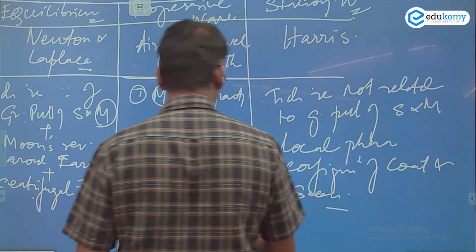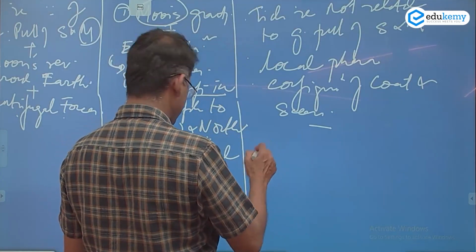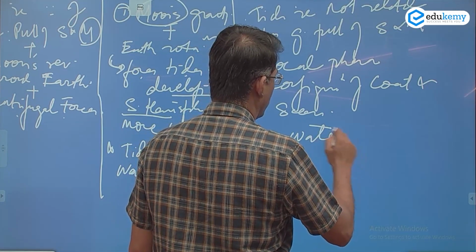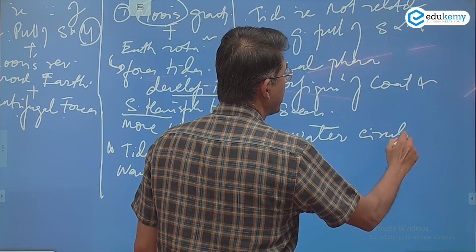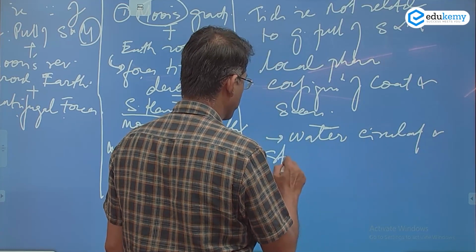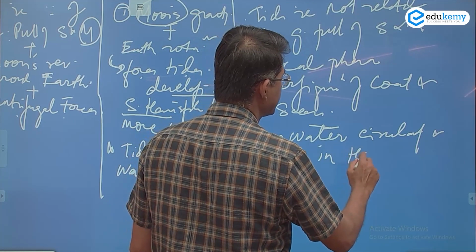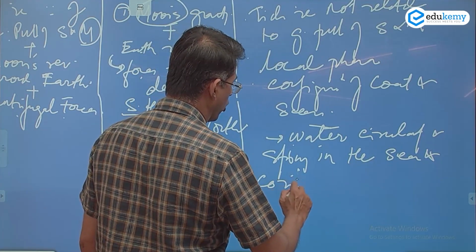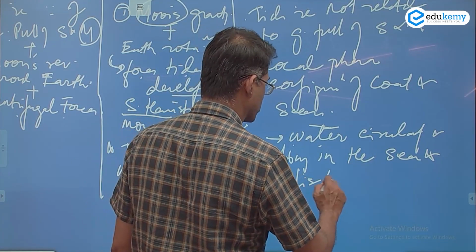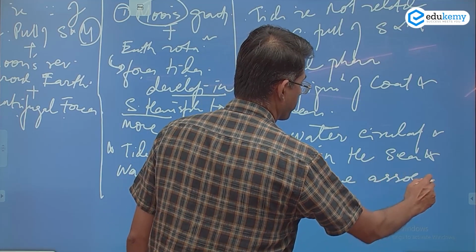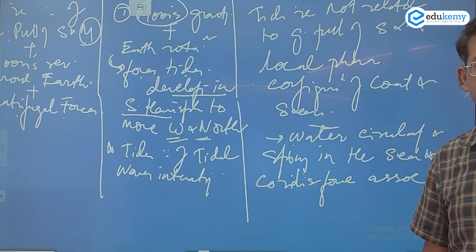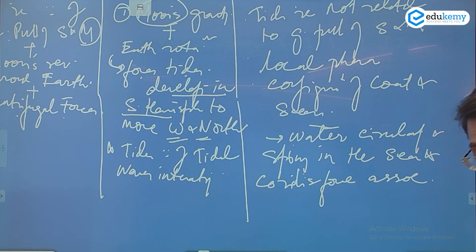And how are tides formed? As it says, the tides are because of water circulating and spinning in the seas, and the Coriolis force associated.